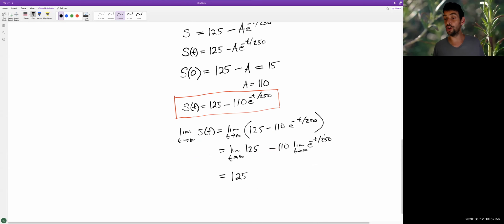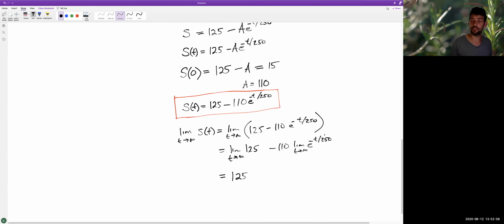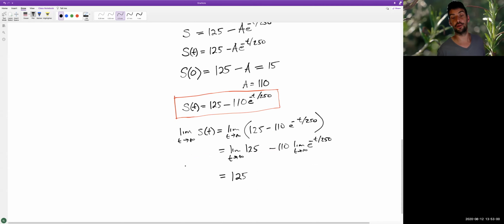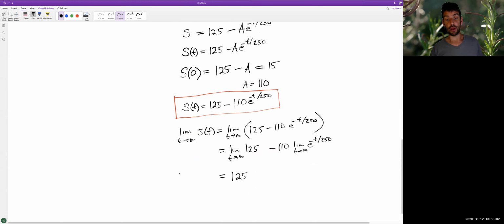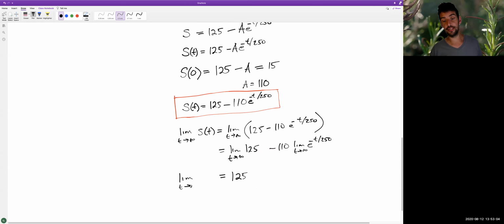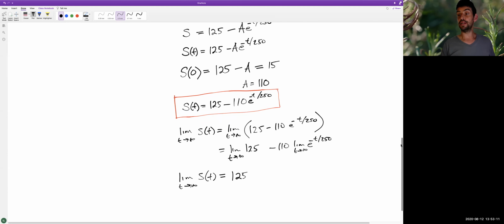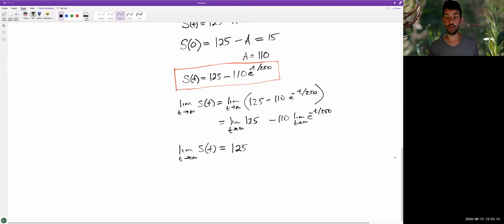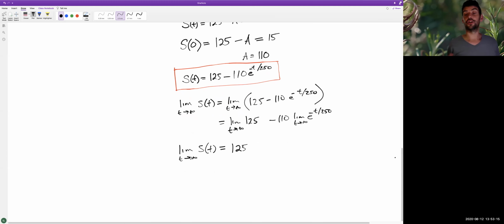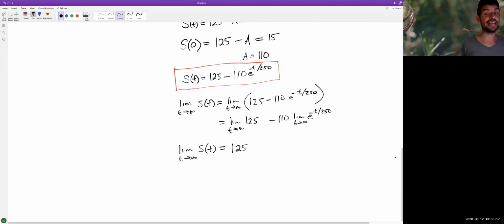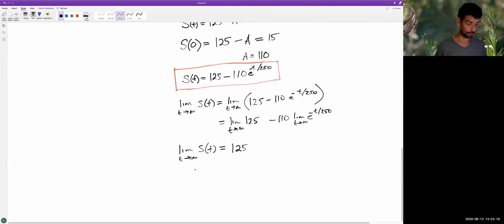We're getting a 1 over e^(t/250), which is getting larger and larger, so that fraction is getting smaller and smaller. So as time goes on, the function S of t gets closer to 125, meaning the longer we let this run, the closer the amount of salt in that tank gets to 125 kilograms.